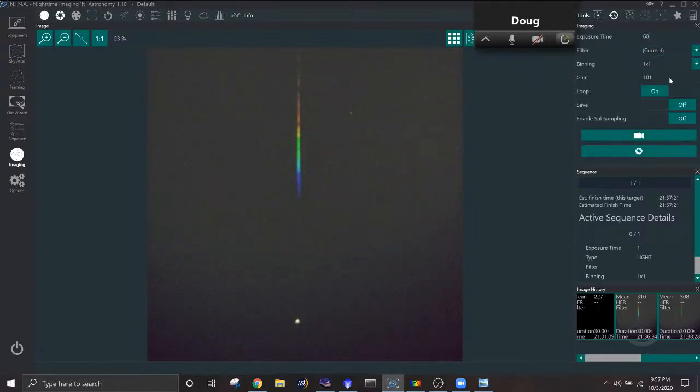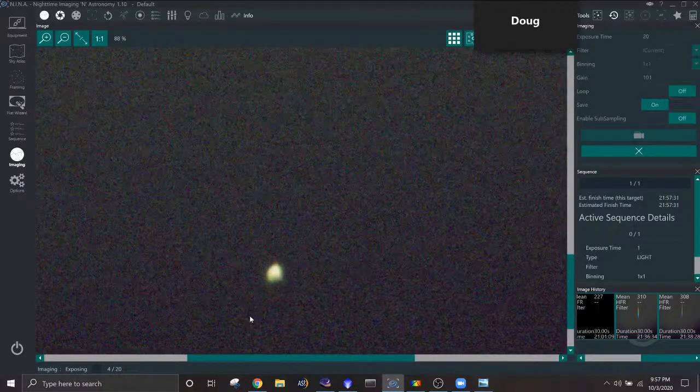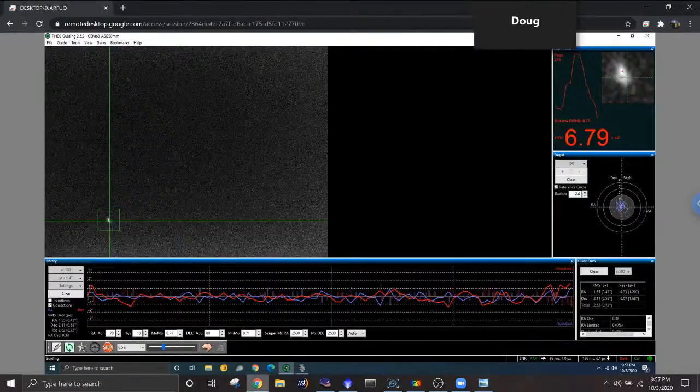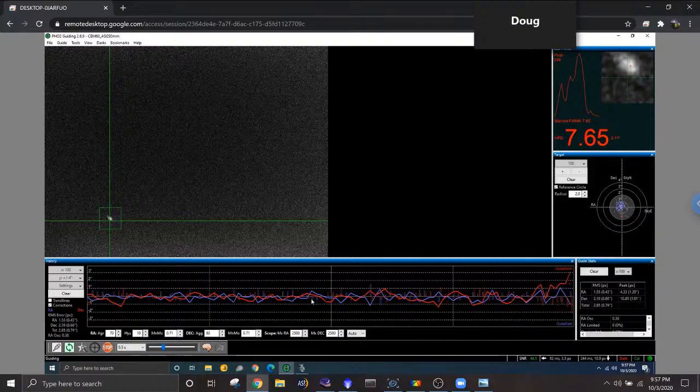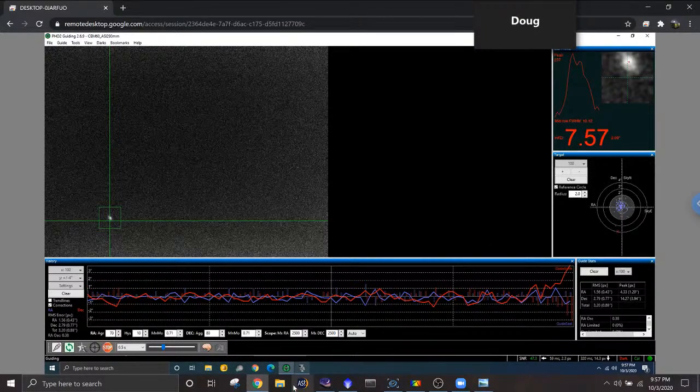Okay, I'm gonna take an exposure now, and we should be able to see its moons. 20-second exposure. We'll get it focused down here. Guiding is normally okay, except it's trash around here.